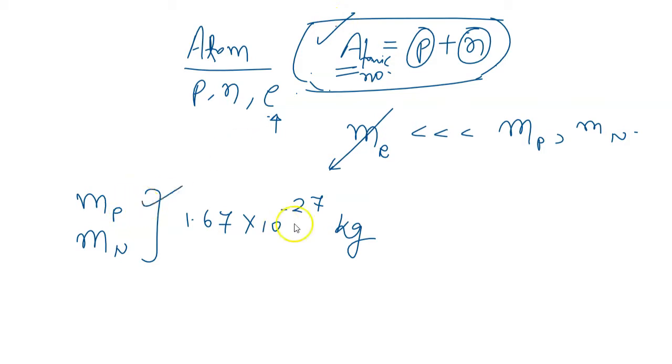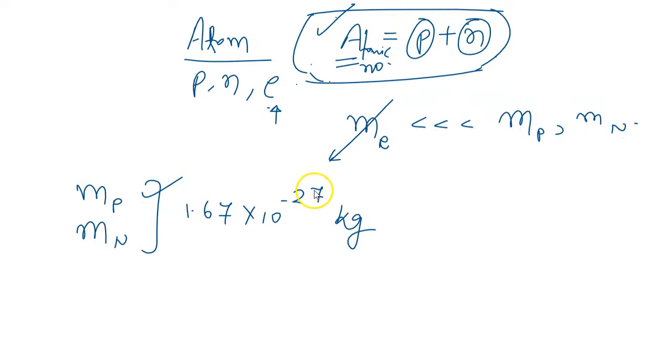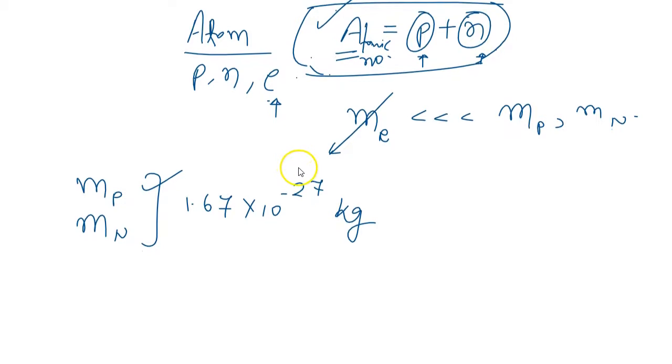In higher classes we will use the atomic mass exactly. But now whatever atomic mass we use will be in terms of the number of protons and the number of neutrons. In the mole concept we will have a little view on this usage of the complete mass of individual particles.